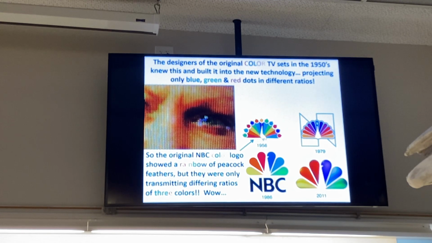NBC was only broadcasting 3 colors, yet could show the peacock with all the colors of the rainbow by altering the ratios and percentages, because they understood visual physiology of cones. Today we've got HD TVs, they're transmitting all the colors. But back then, it was just 3. Everybody got it? Was that interesting?